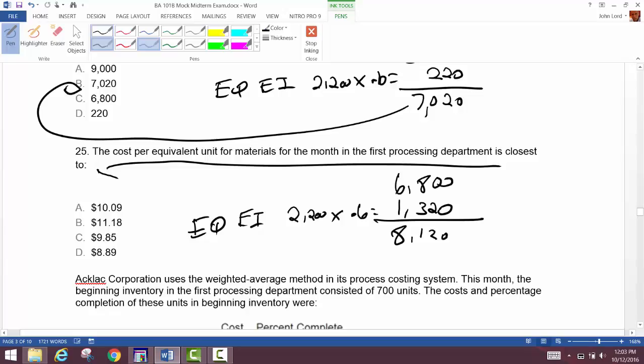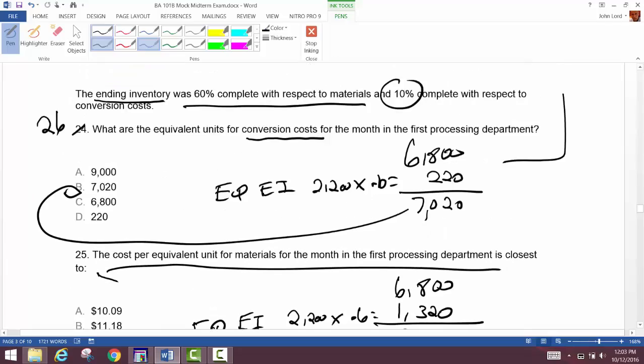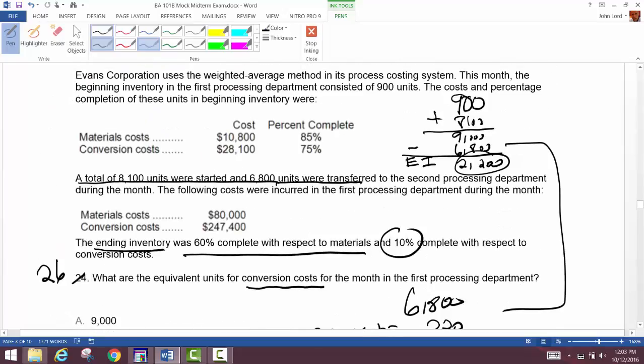Okay, but that was sort of step one for this question, because then you had to pick up the cost. And remember that for the weighted average method, we pick up all the cost, don't we? So we pick up the cost in beginning inventory, and we pick up the costs that were added for the period. So we had beginning inventory, 10,800, and we had what? Materials cost added for the period of 80,000.